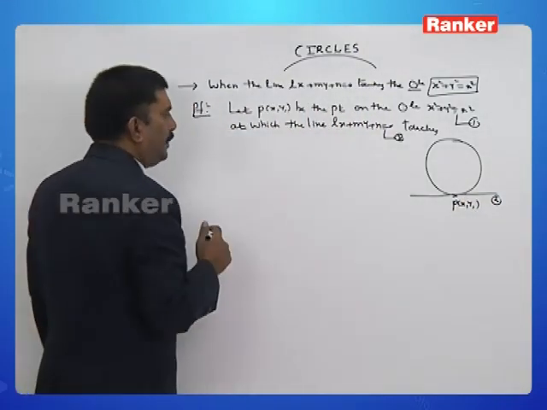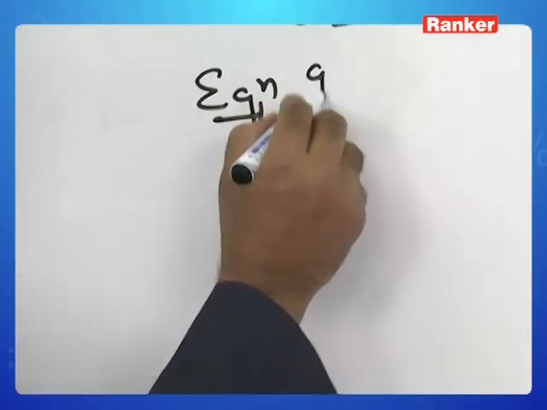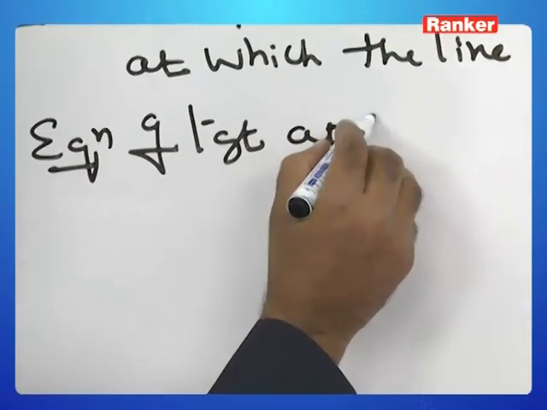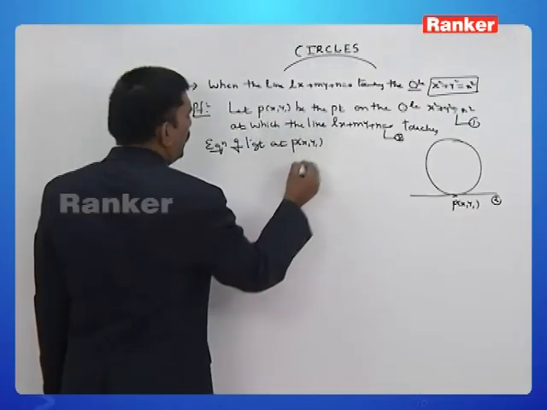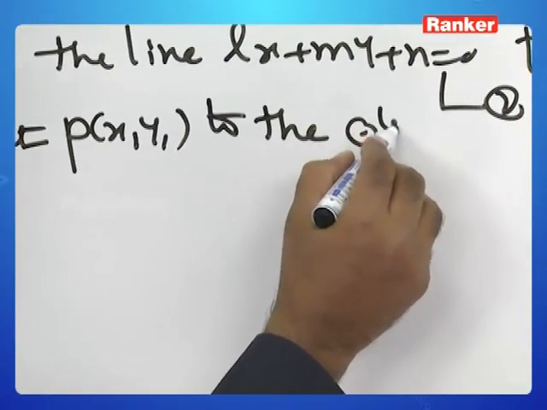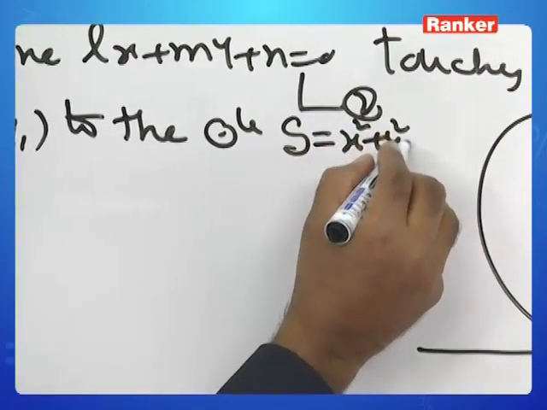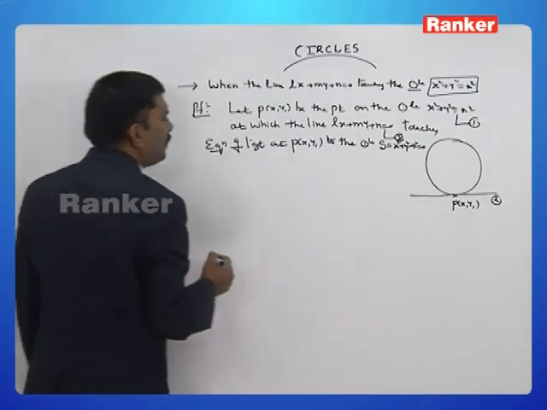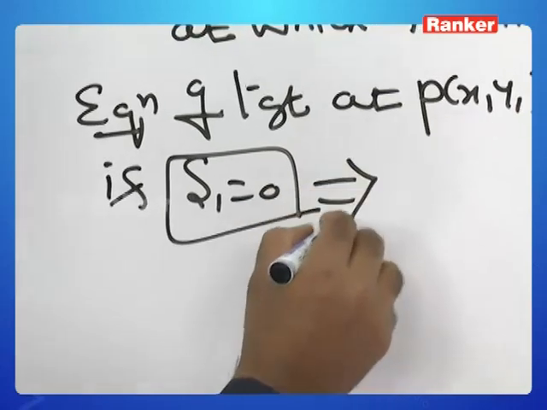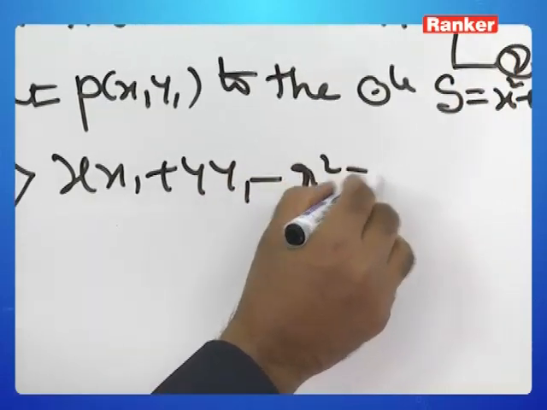Now by definition we know that the equation of tangent at P of x1 comma y1 to the circle S is equal to x square plus y square minus r square is equal to 0 is S1 is equal to 0, which implies x x1 plus y y1 minus r square is equal to 0.